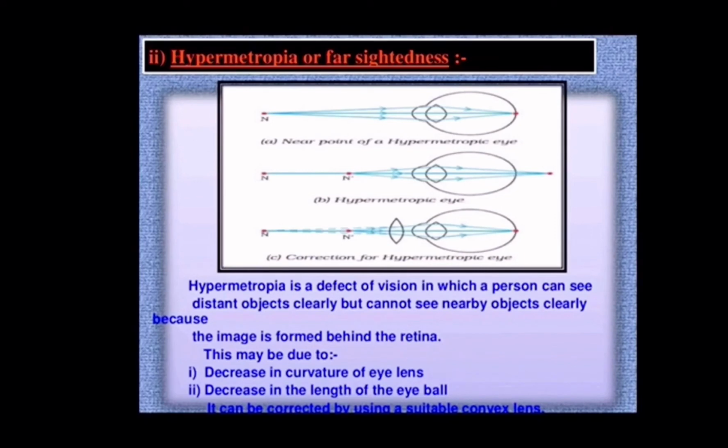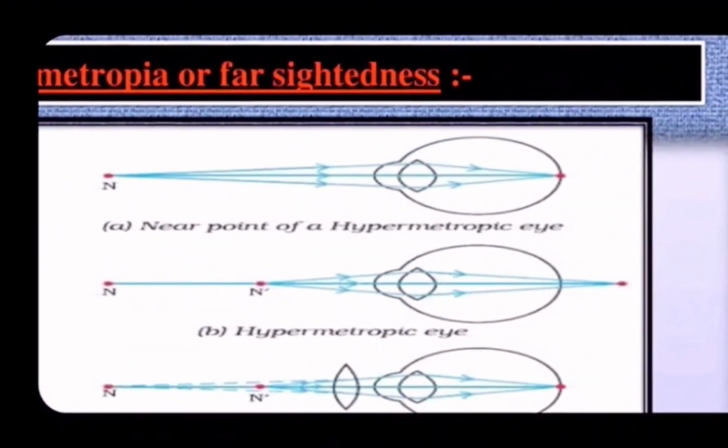What is this? Hypermetropia is a defect of vision in which a person can see distant objects clearly but cannot see nearby objects distinctly or clearly. Why does it happen? It happens because the image is formed behind the retina. As you can see in the normal eye, first figure, the object is placed near to the eye.